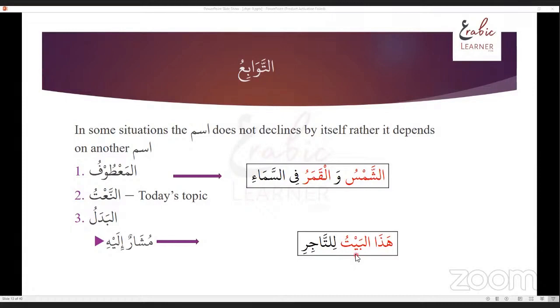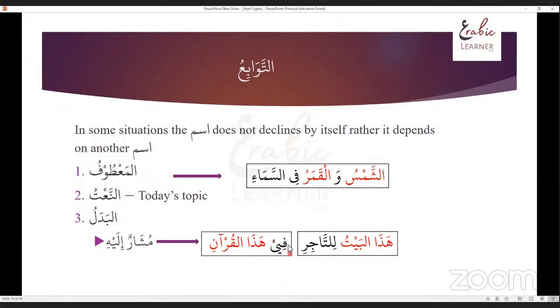Let's take another example. في هذا القرآن. Now في came before هذا. في is harfu jar.